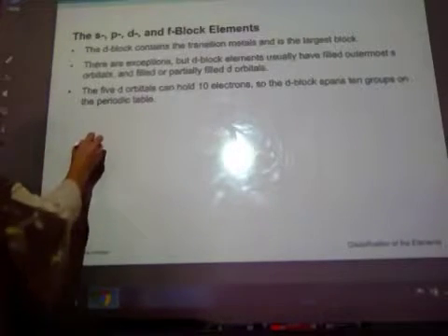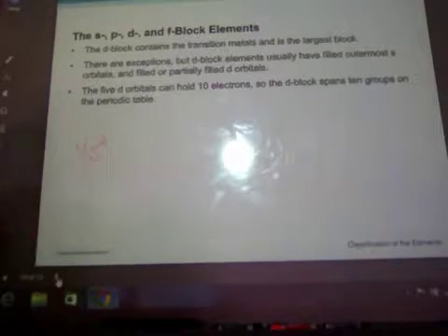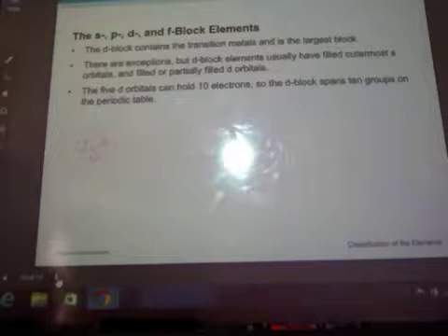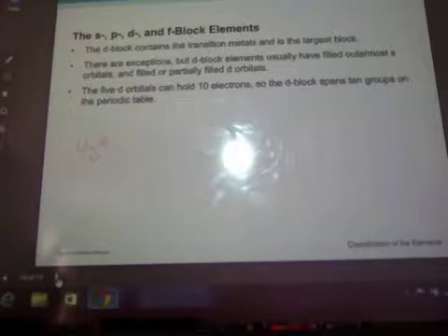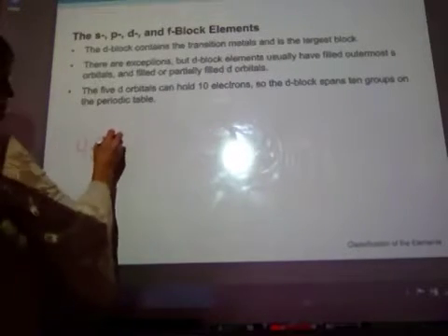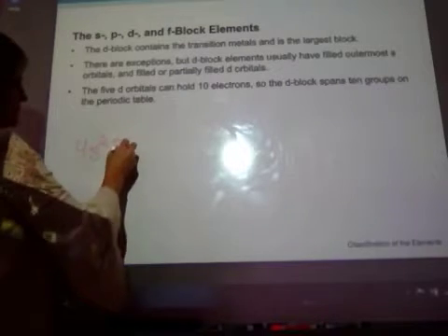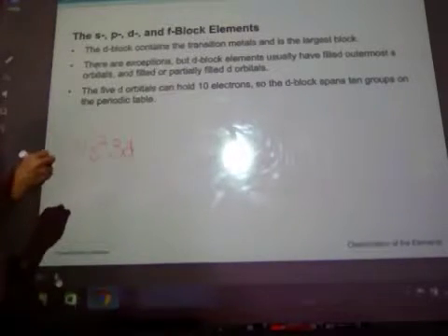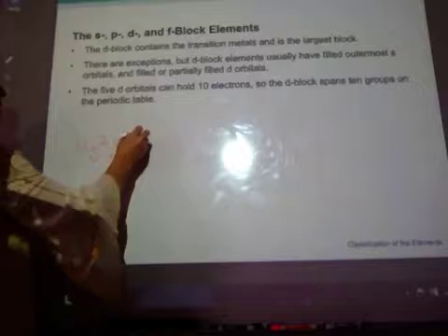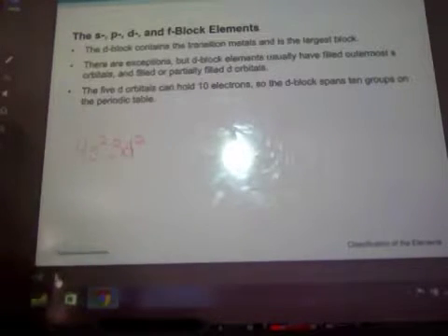So in front of it, my 4s2 is full. Potassium would end with 4s1, calcium would end with 4s2, and then I go to scandium, which would be 3d1, and titanium would be 3d2.